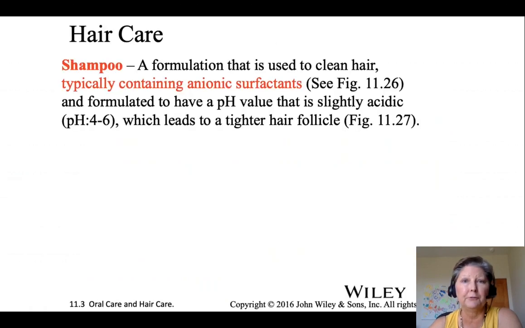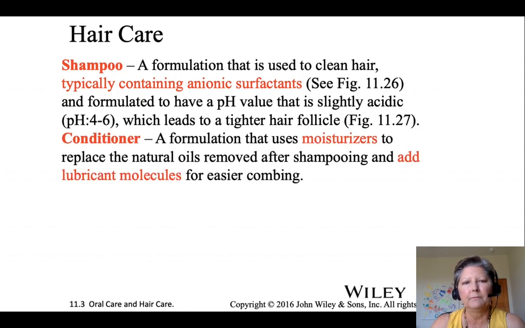So now you know what to look for in toothpaste a little bit when you look at the label, depending on what you want it to do. Hair care: shampoo is a formulation used to clean the hair. We all know that. It typically has anionic surfactants and a pH value formulated to be slightly acidic.